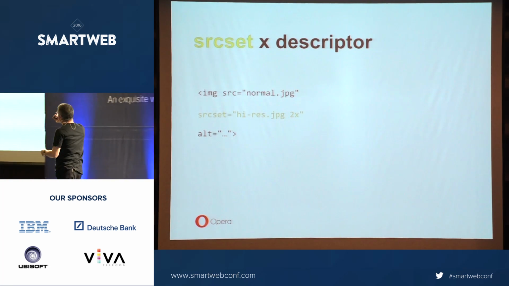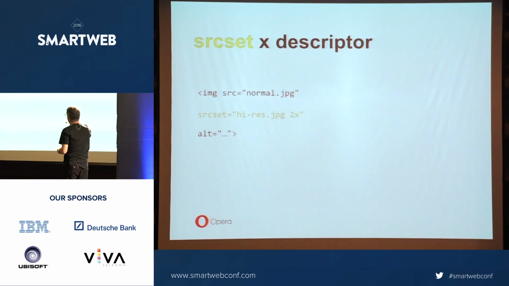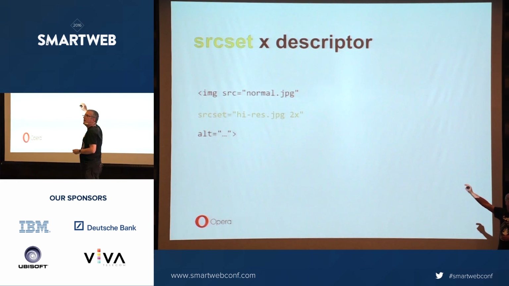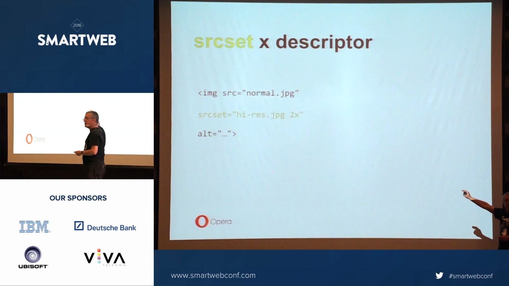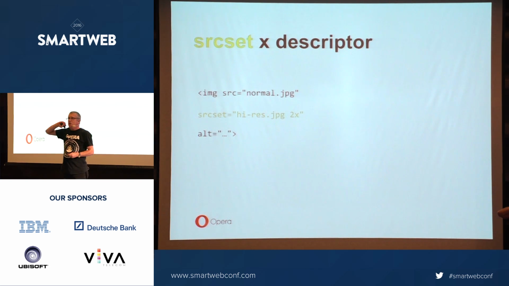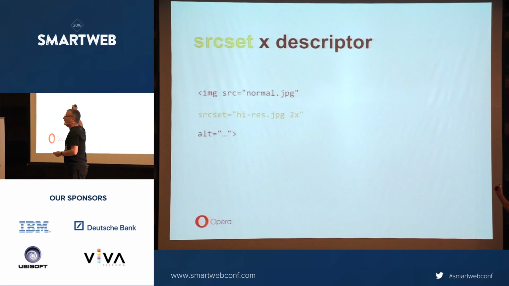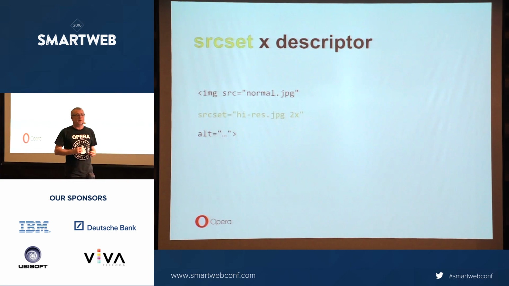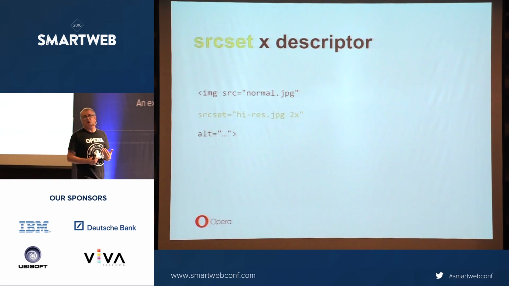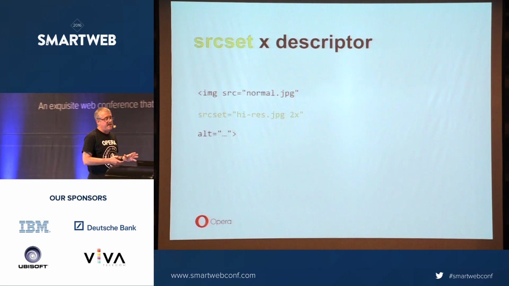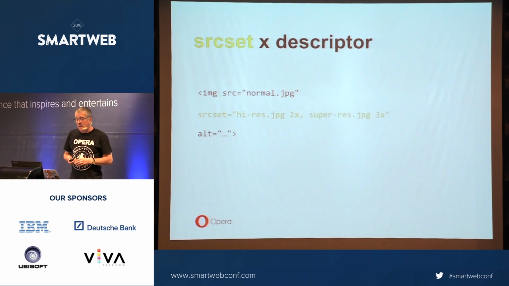So, browsers that understand responsive images will read the source set. If they know they have high DPI, they can grab the high-res version. Browsers that don't understand responsive images will still get normal.jpg. Nobody loses out. In my original design, they would have lost out, but now nobody gets a worse experience.